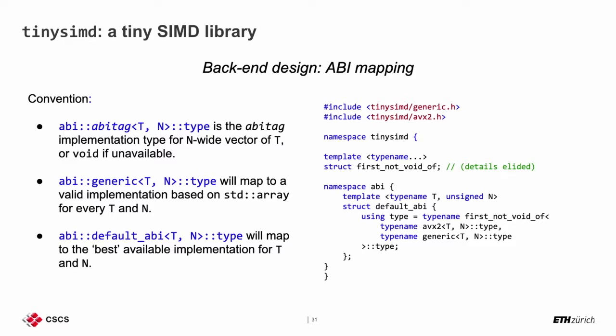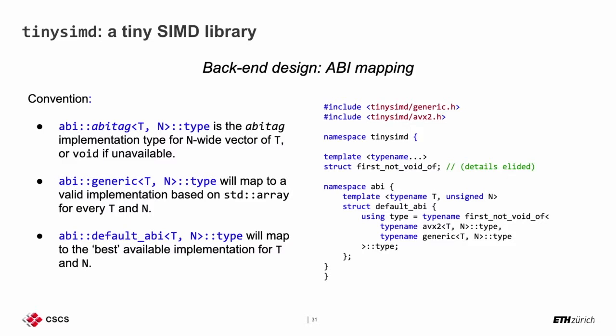ABI AVX2 will only work for those that are supported by our AVX2 backend, which is quite limited, and otherwise be void. And with that in hand, we can write a default ABI type map, which says just pick the best you've got. Give me AVX2 if you've got it, otherwise give me the generic one. And that involves a bit of template metaprogramming. We didn't really cover this sort of thing in this course.